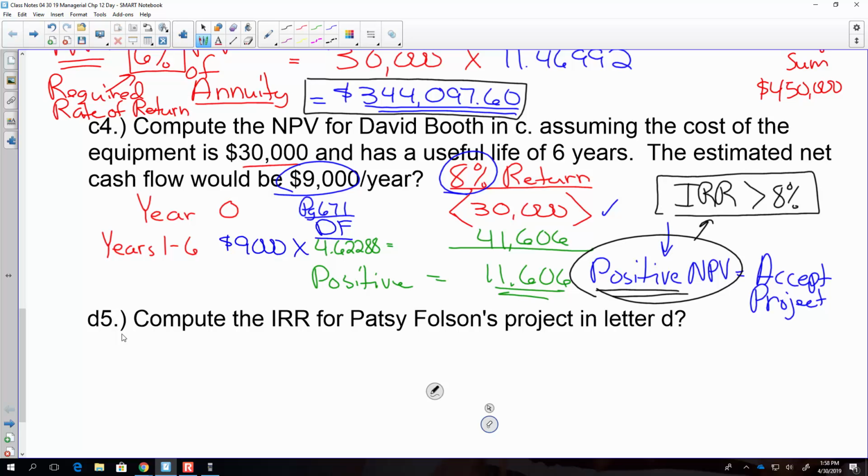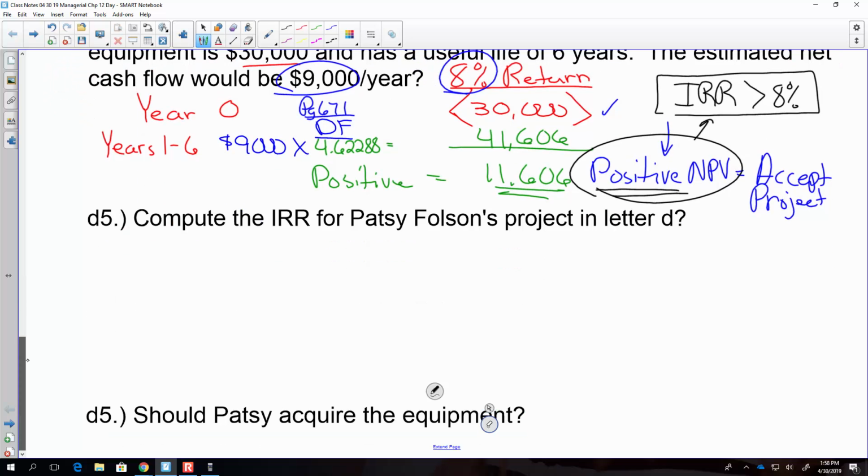She's looking at an investment of $400,000 in this equipment. The cash flow from this investment is savings of 75 per year.